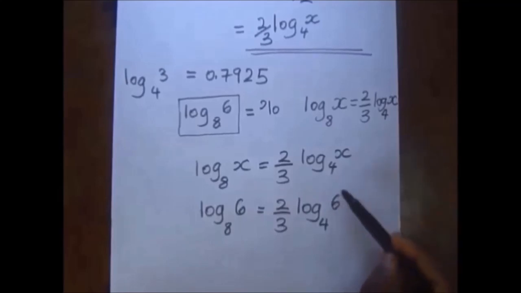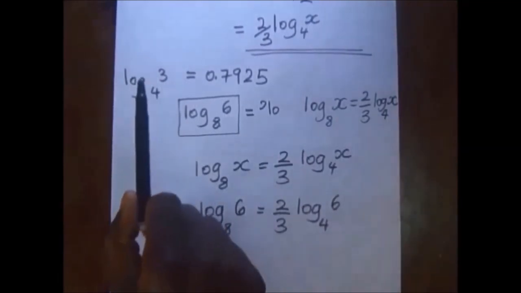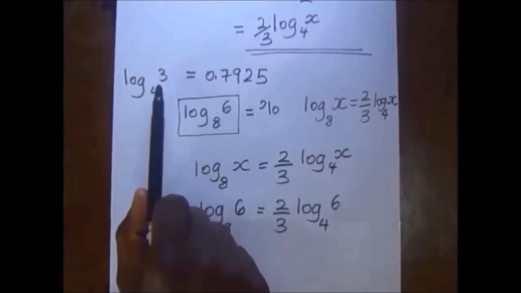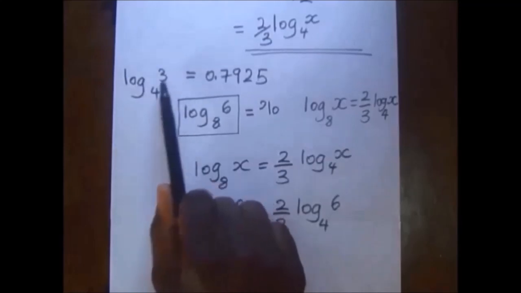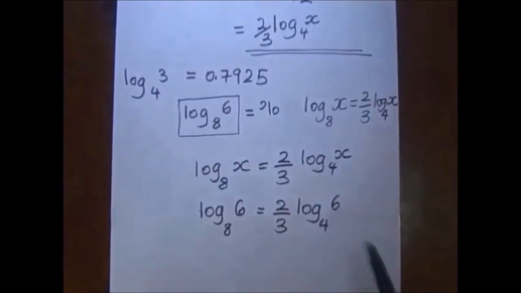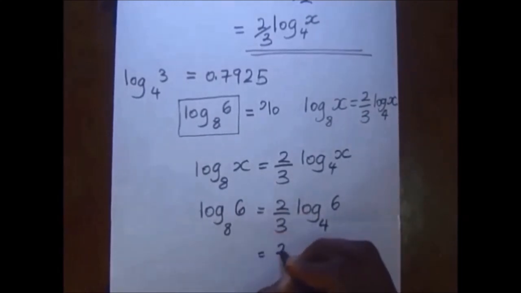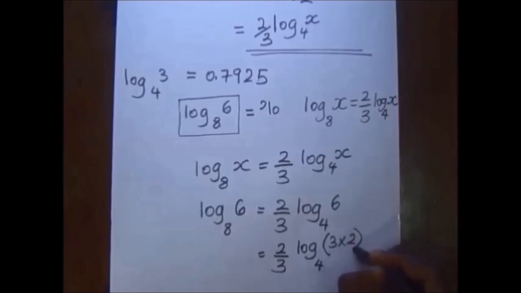Now we are supposed to tailor this number, to manipulate this logarithm so that within the expression we are having a log of 3 somewhere, because we are not supposed to use a calculator. We are supposed to use this information that log of 3 base 4 is 0.7925. So this logarithm here is the same as saying 2 over 3 log base 4 of, now 6 is the same as saying 3 times 2.